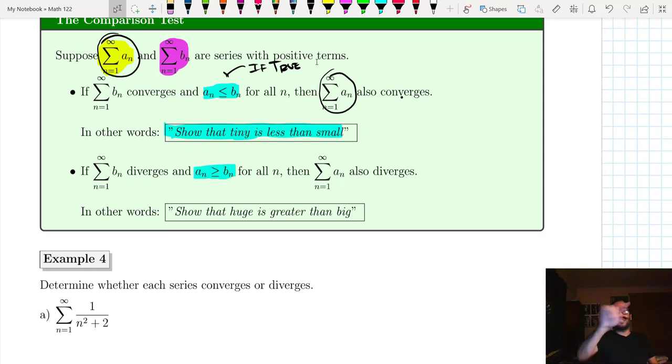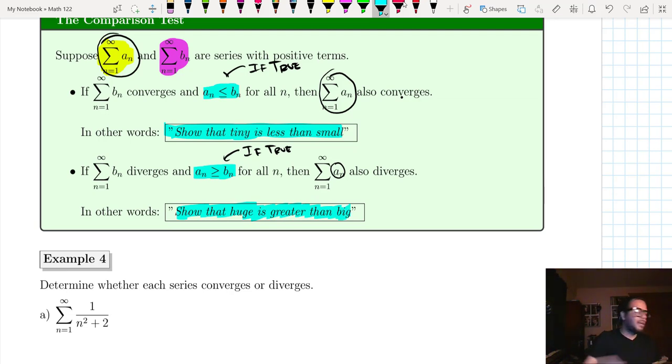A sub n has to be greater than or equal to b sub n. And in this case, if this is true, then our original problem will also diverge. And in this case, we will be showing that huge is greater than big. I will show you what I mean by that.